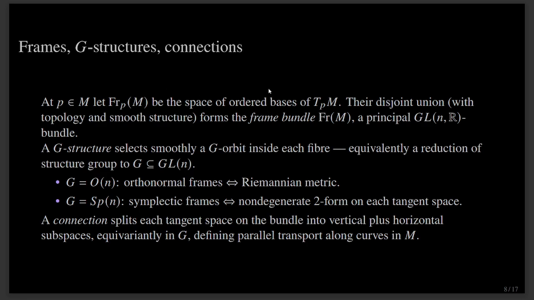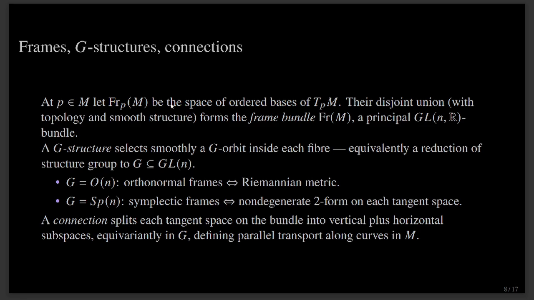If we just do all of their disjoint unions, the frame bundle of the manifold is a principal GL bundle. Okay, and this will just be a general linear bundle in n dimensions over the real object that is encoding the ordered basis of the tangent space.